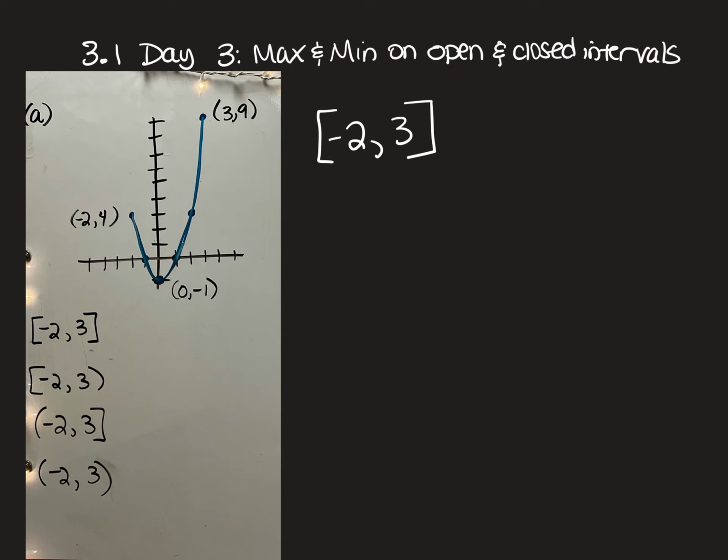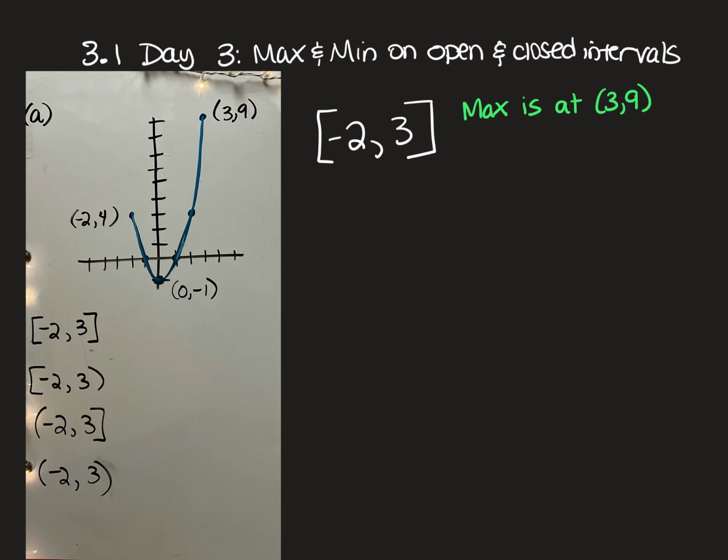When we look at this graph, the biggest y value I see is at 9 on this entire interval, and it happens when x is 3. So the max would be at 3, 9.